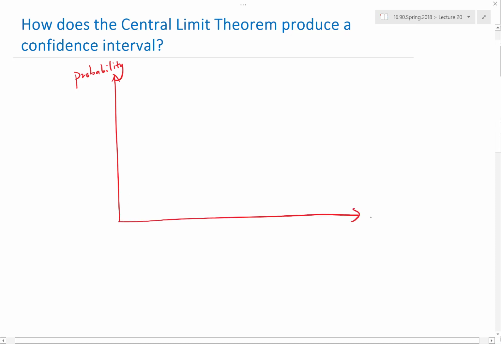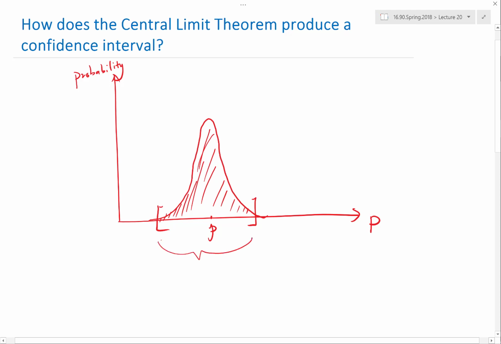This is our random variable P. Let's say this is the real P. We get a distribution that is centered at this P, a Gaussian distribution with a variance of 4 times 10 to the minus 7. Let's say I want a confidence of 99%, which means the mass within here needs to be 99%. How do I know how wide this interval is?